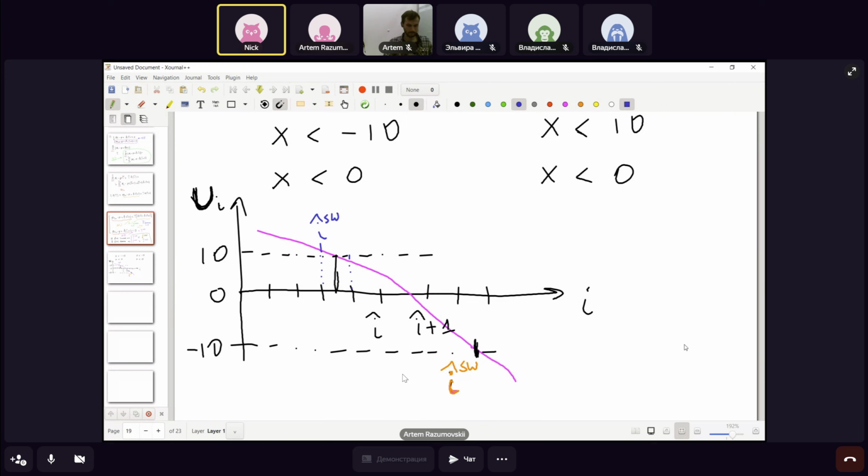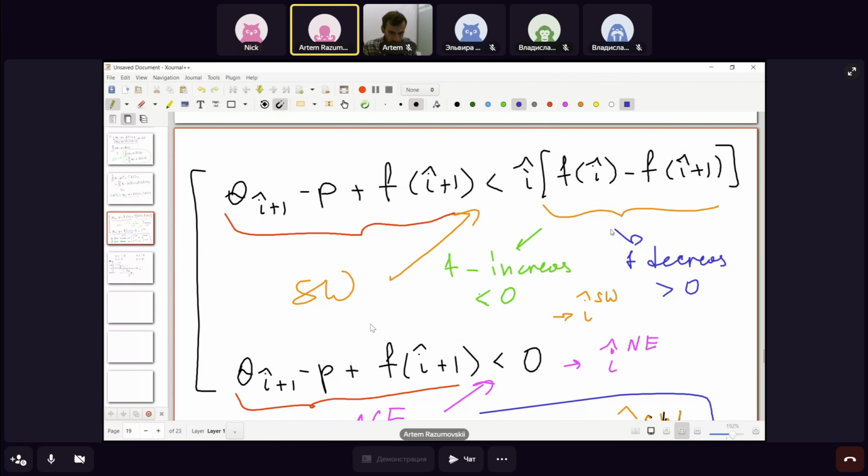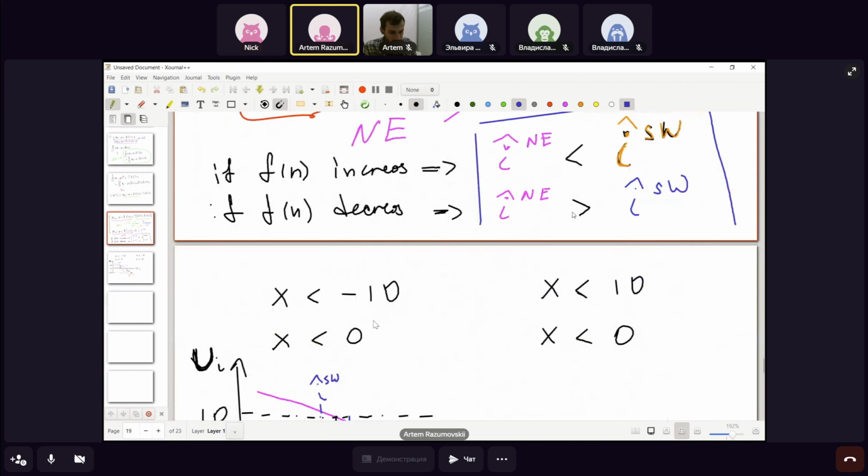So it will be less than 0, right? Less than 0? So when f decreases, then what? So then f decreases, this is positive, right? Yeah. So then we compare our utility with something positive.